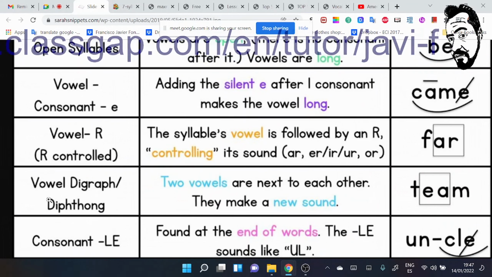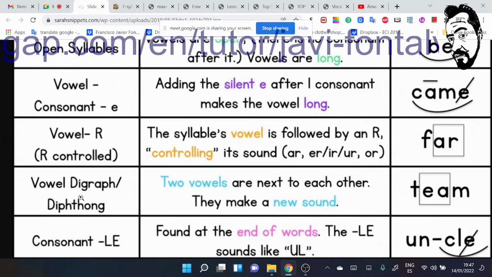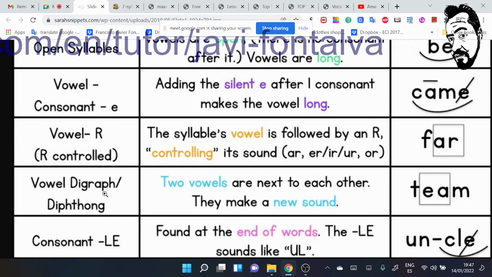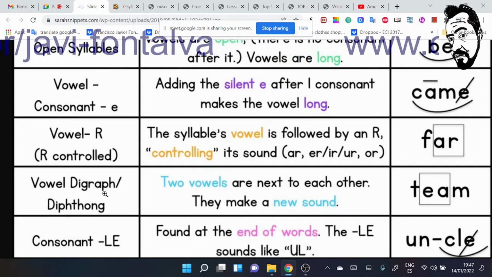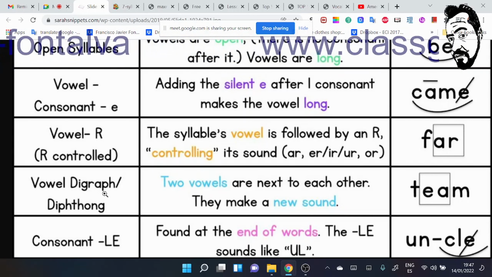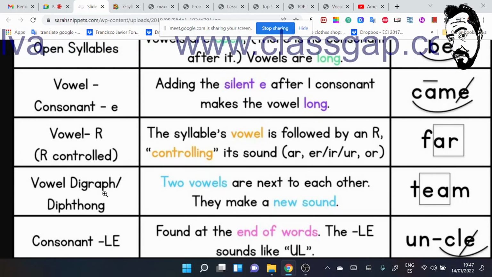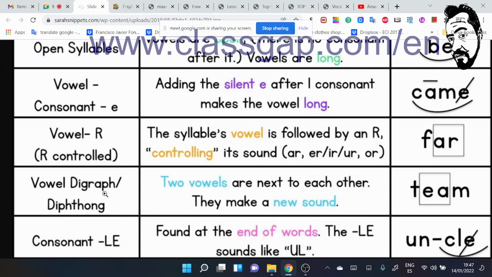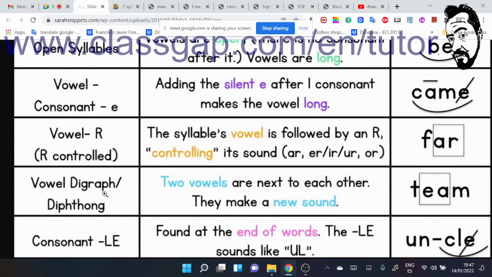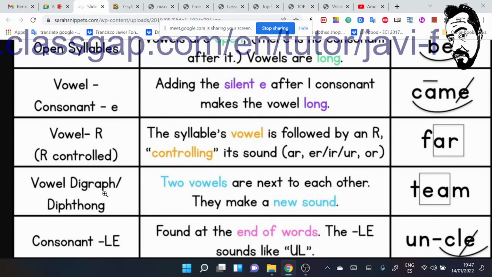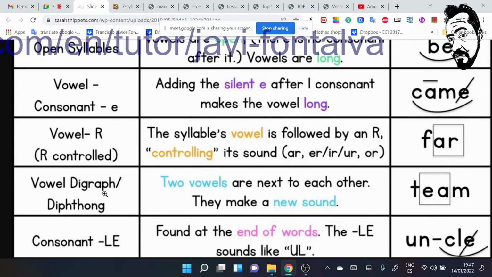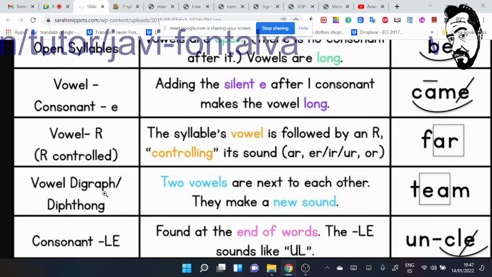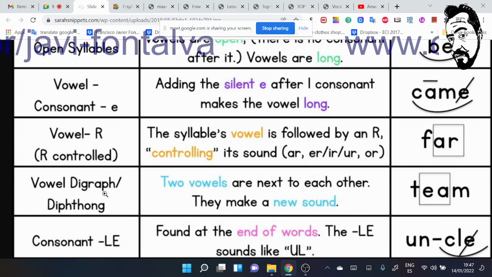Also, in English we have a vowel digraph and diphthong. They are not actually the same, they're a little bit different. Basically, the idea is you have two vowels together. So usually most of the time what you have is a vowel digraph, which means you only read the first vowel in the long way.